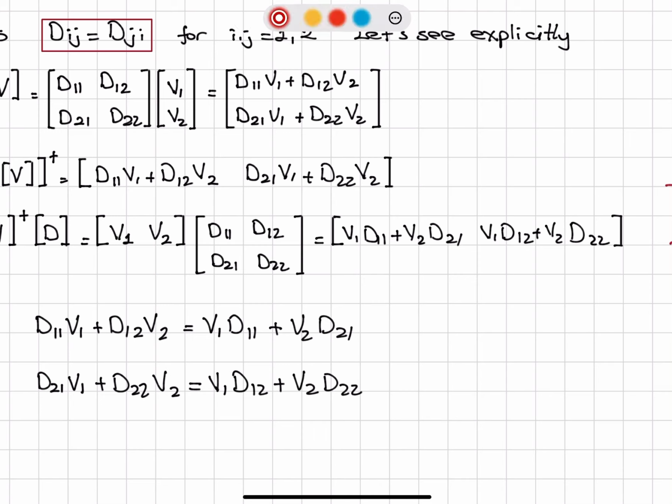Now you can see that these terms are already equal, so they cancel out.